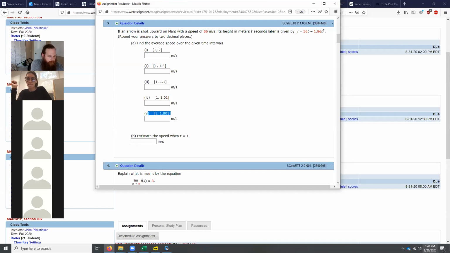The height after 2 seconds is y equals 56 t minus 1.86 t squared.